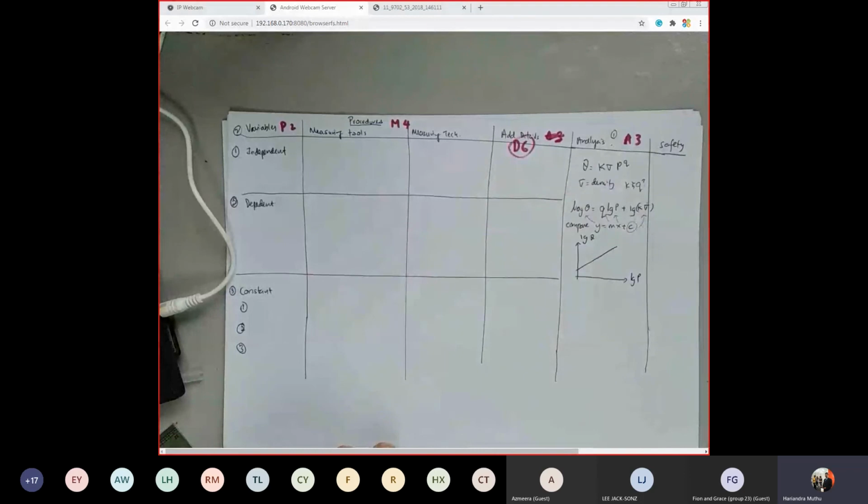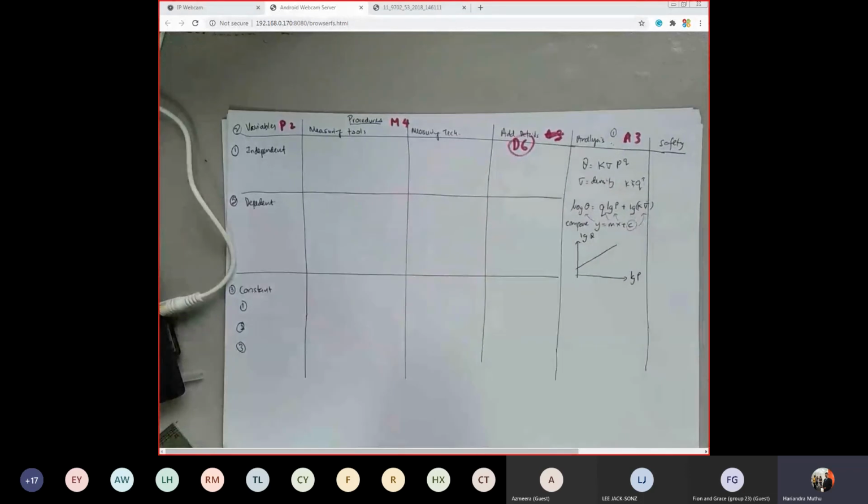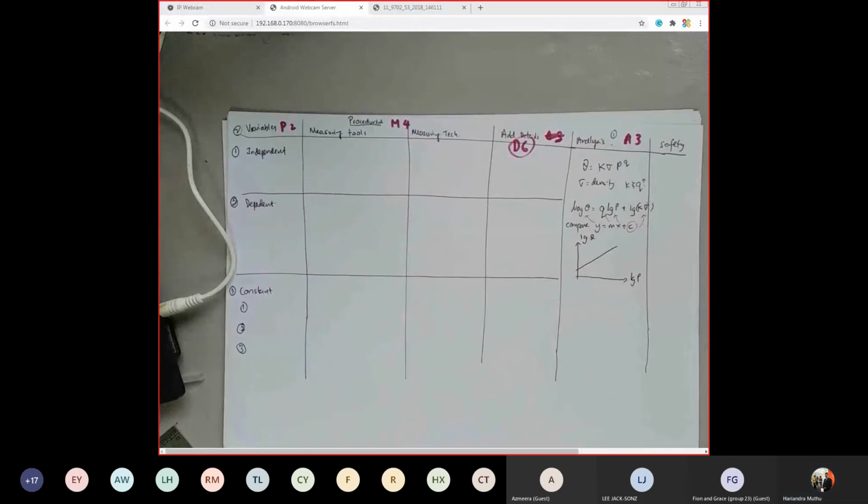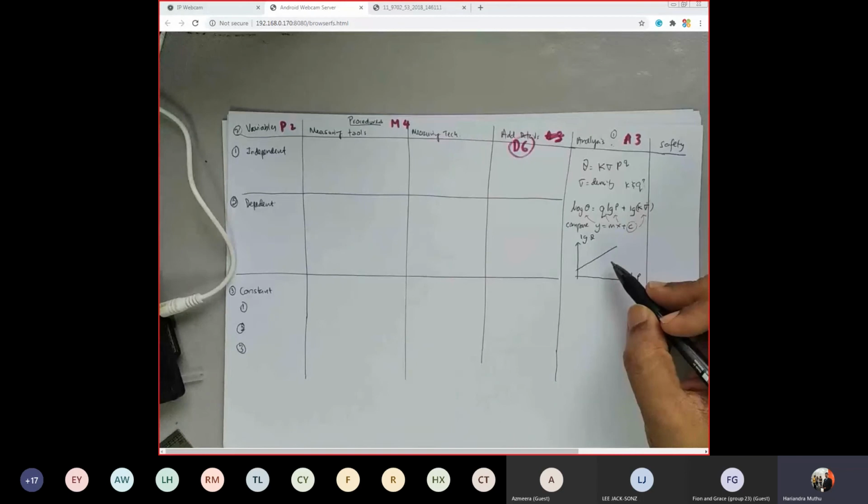You no need to put values and so on, all right? Just draw the expected graph. That means if this experiment is conducted according to the procedure that you have written, the instruction that you have written, right? This is the graph that can be obtained from the results from this experiment.